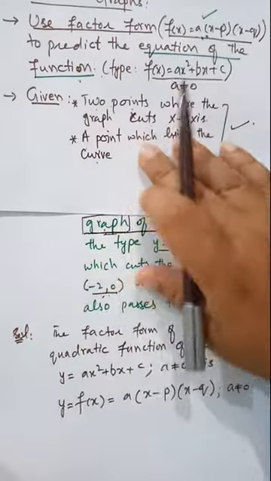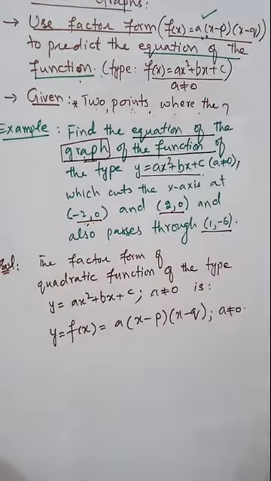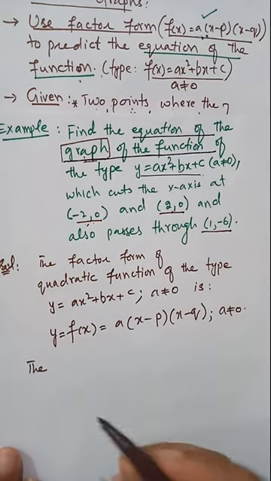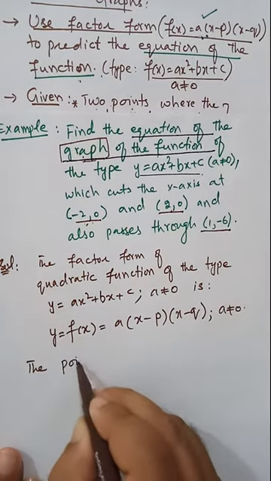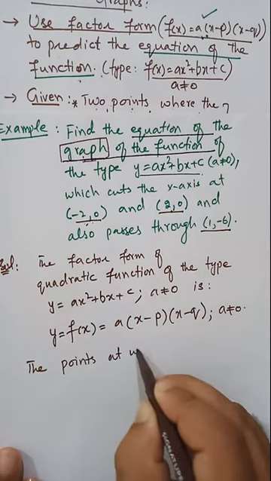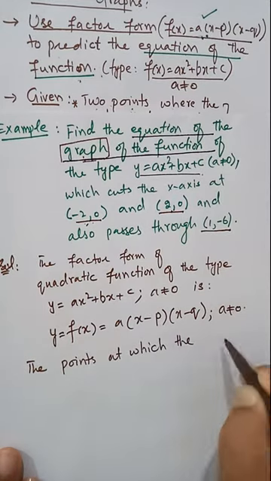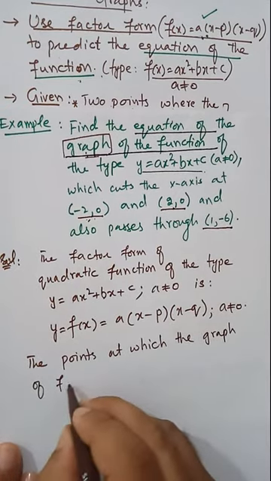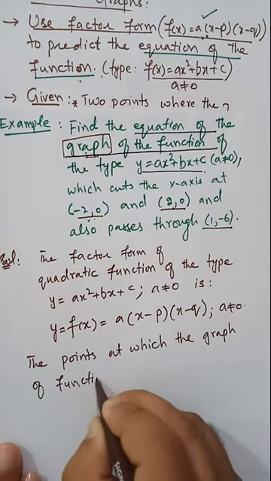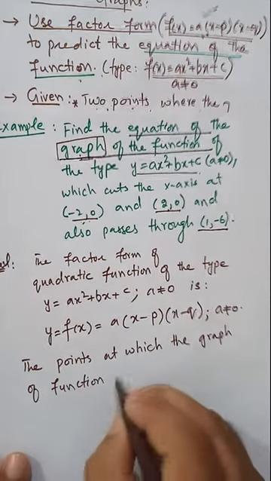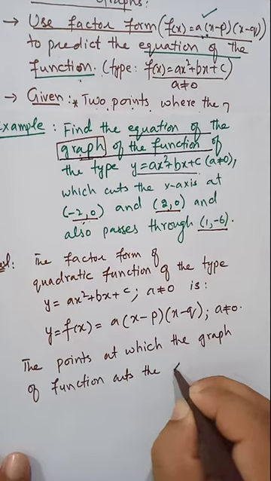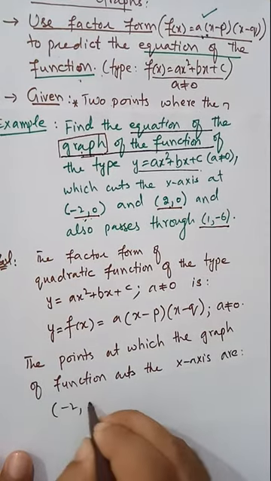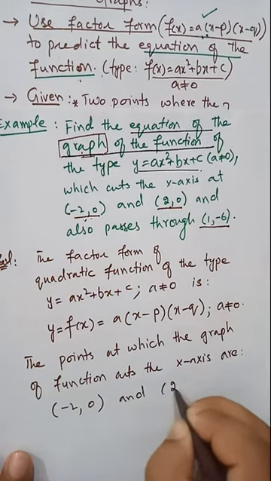So in this case, the x-intercepts, or in other words, the points at which the graph of the function cuts the x-axis, are (-2, 0) and (2, 0).